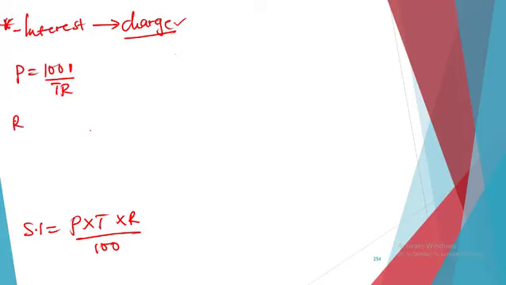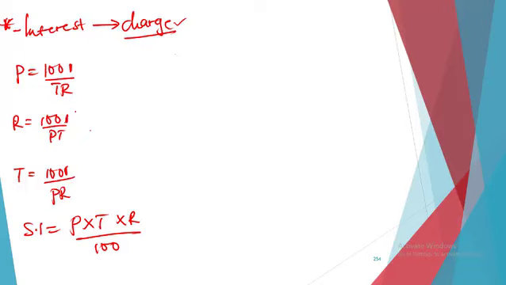If you are solving for rate, R is equal to 100I all over PT. If you are solving for T, which is time, it's equal to 100I all over PR. And remember that I here is the simple interest.